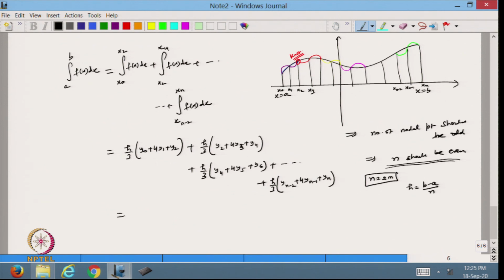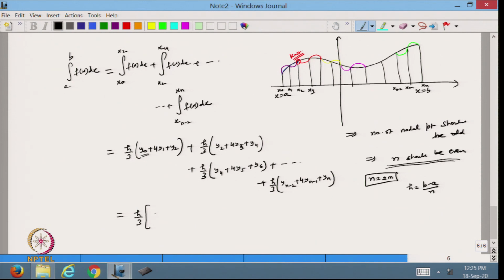Now, if I collect all the terms, I can take h by 3 common. You can see that y0 is coming here, then 4 y1, 4 y3, 4 y5 are coming, and y2 is coming here and here.